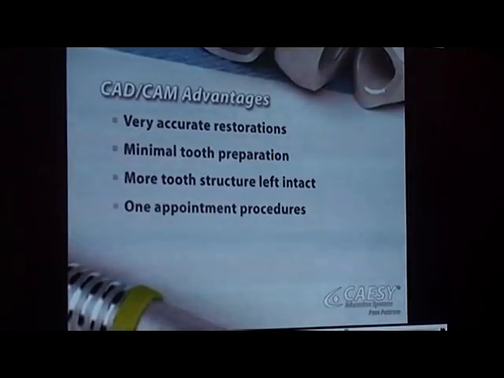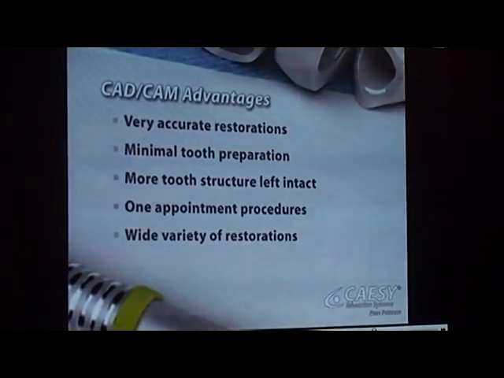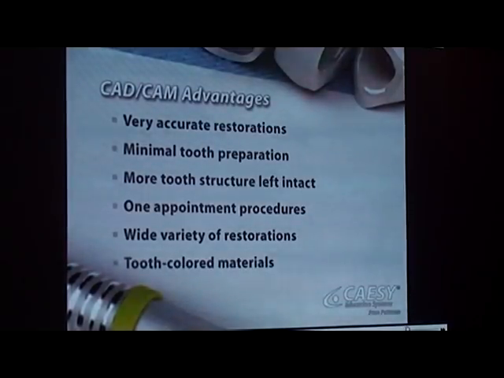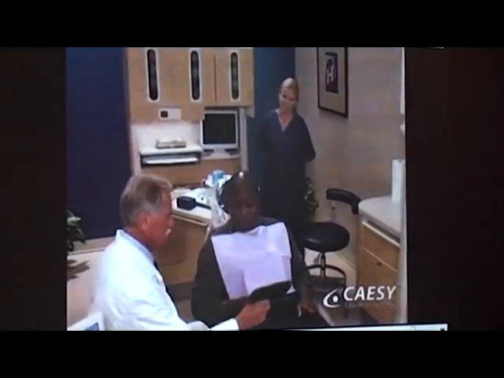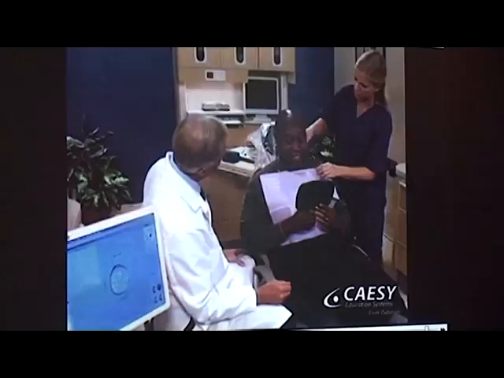They usually require only one appointment, even when we're working on more than one tooth. We can use the technology to custom make a wide variety of restorations, including inlays, onlays, crowns, and veneers. And CAD-CAM restorations are made out of tooth-colored materials. CAD-CAM restorations can often be the best choice for a healthy, beautiful smile.